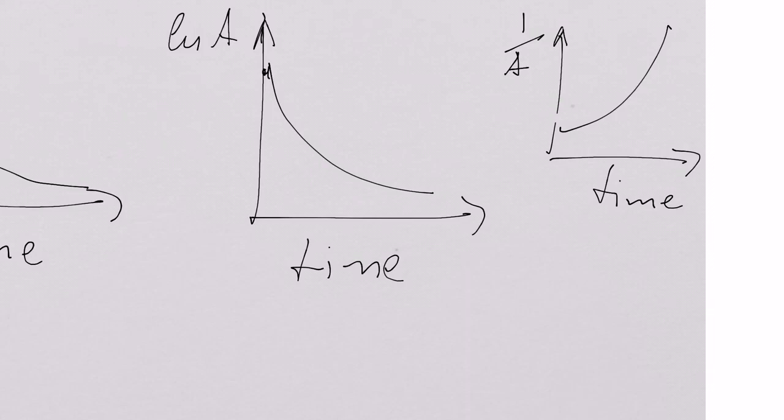It could be a second order, but it's not A plus A. That's right. Or you have messed up, or I have messed up and I've given you the wrong data. Not unheard of. Yeah? So I really want you to remember these three cases.